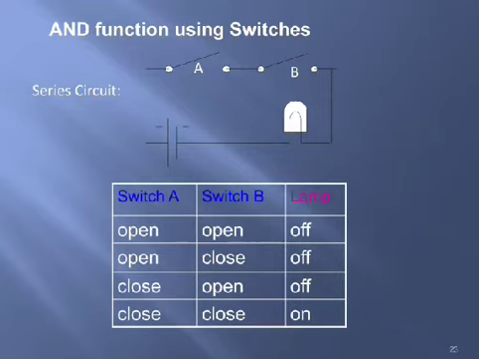Since the switches are connected in series, both the switches have to be closed for the current path to exist in this loop. When any one of the switches is open or both the switches are open, then there is no closed path in this circuit, so the lamp will not glow, that you are treating as the off state. So this is the truth table for the above switch circuit.